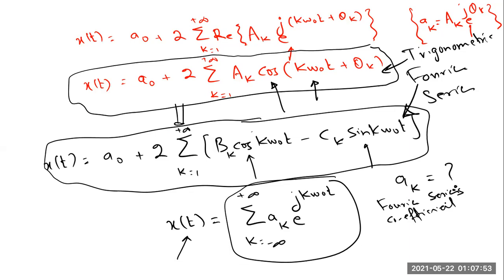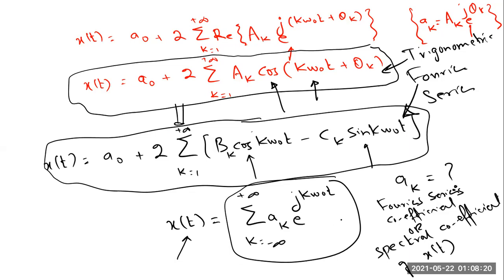This is more of a mathematical name, but from a signals and systems perspective, it's better to call this particular variable the spectral coefficient of x of t.